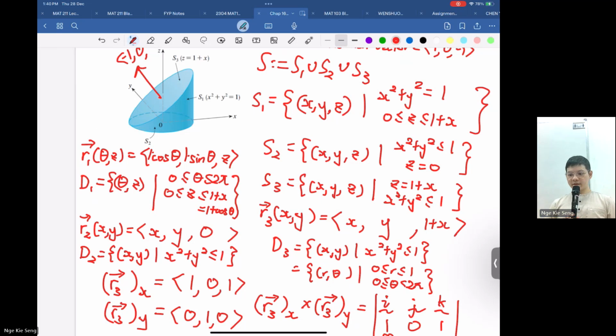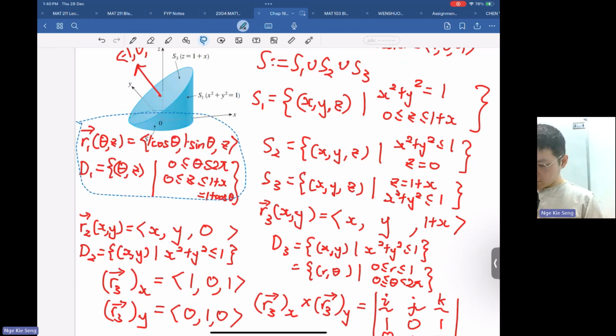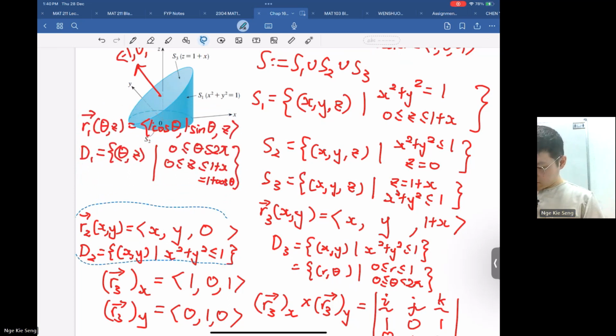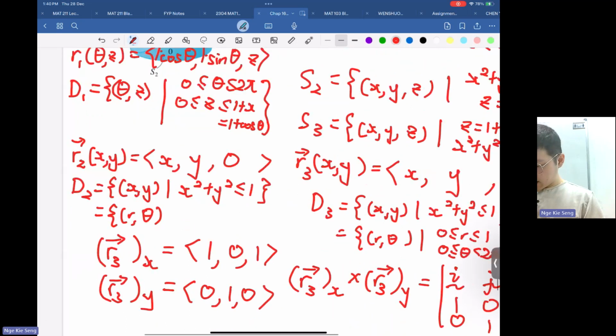Similarly, you can do a change of variable for this. You change it to radius and theta. Let me write for you. You use the knowledge from the multiple integral. I can change variable for D2 to r theta, so that I integrate from 0 to 1 for r and 0 to 2 pi for theta.